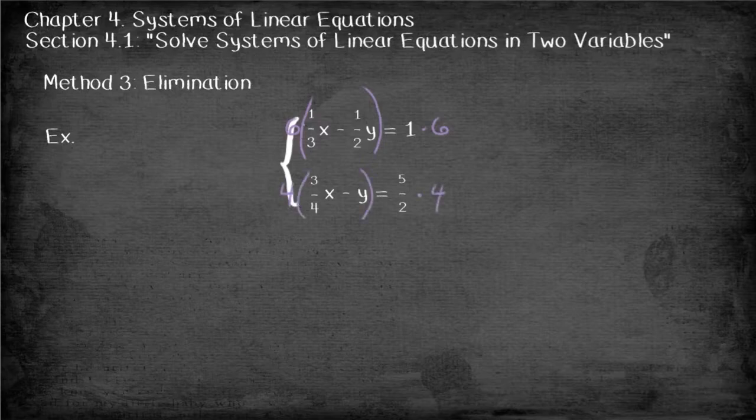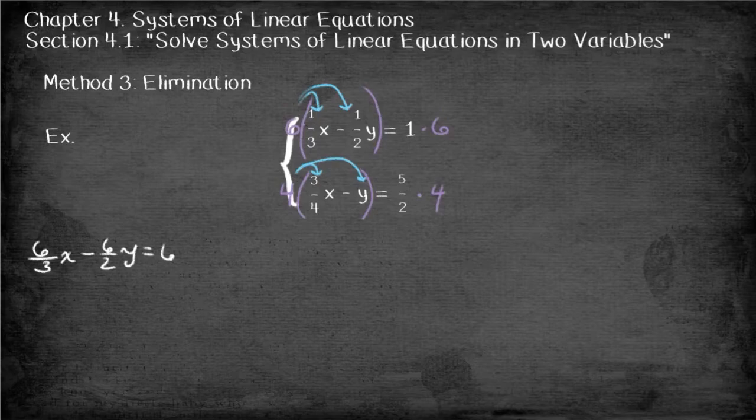And now we're going to simplify. Of course, we're not going to forget to distribute when we multiply. Okay, so after I do the multiplying, I can simplify my fractions, get rid of them.